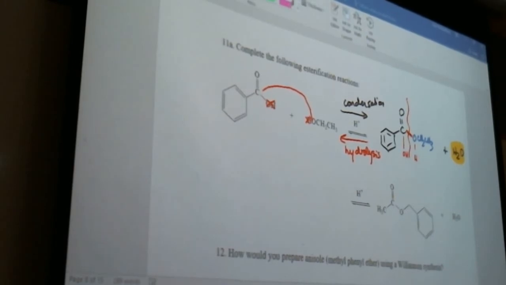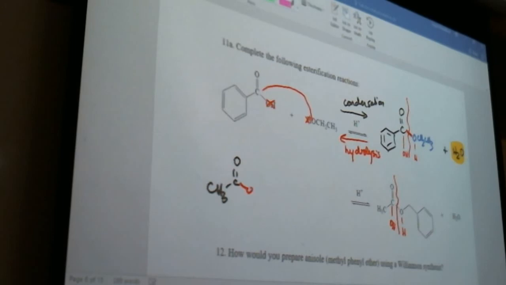We're adding water to an ester, breaking that ester bond into the carboxylic acid and the alcohol. So if I asked you which are the products of the hydrolysis of this, or which were the starting materials that I condensed together to give me this ester, you look at the ester, you add OH here and hydrogen here, and those are your starting materials.